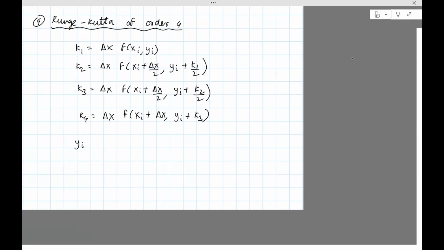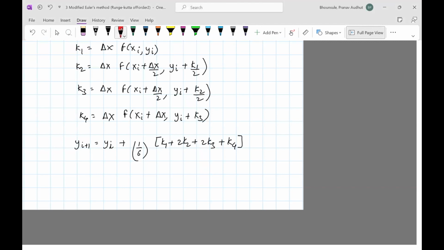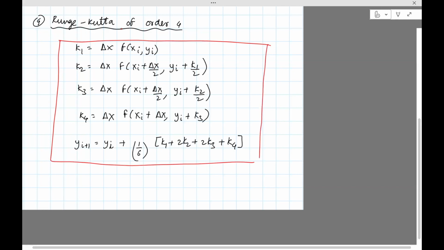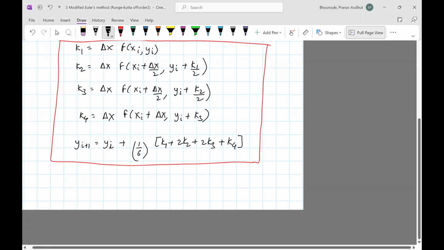So how do you use this? y_{i+1} is y_i plus 1/6 of (k1 plus 2k2 plus 2k3 plus k4). That is everything you need in order to update y based on Runge-Kutta.